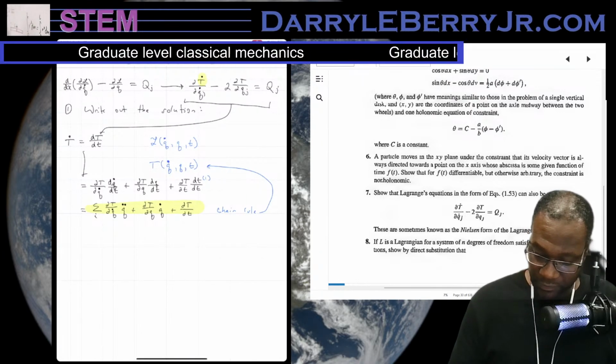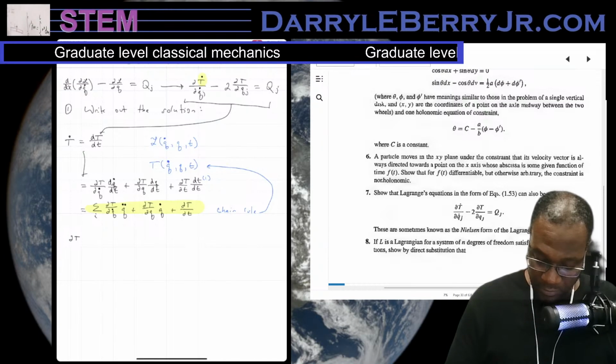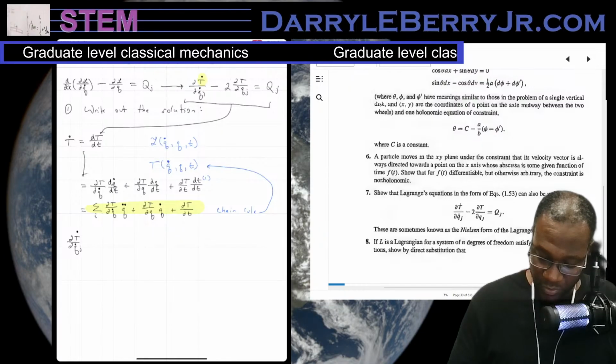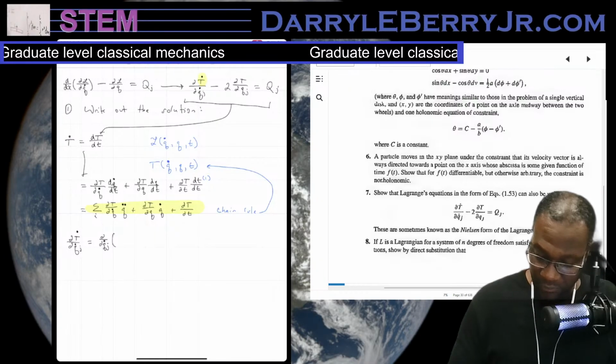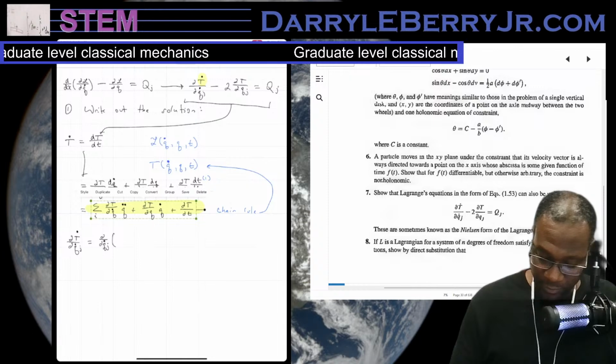So we have partial T dot over partial q dot j equals partial q dot j of all of this, which I'll just copy down.